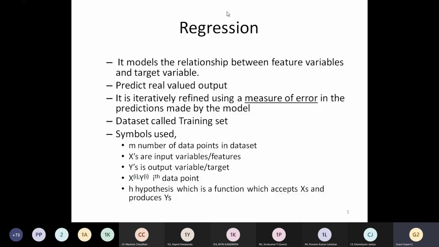Now, if our data set has m number of data points or m number of records, then to identify the ith record, we are going to use x^(i), y^(i). Here i must be put as a superscript.